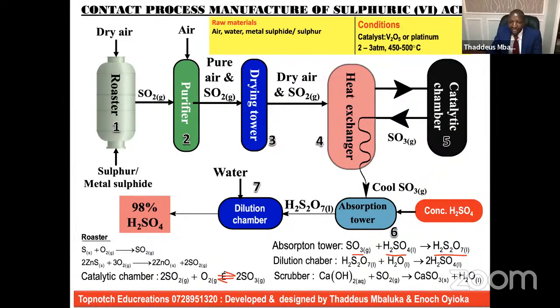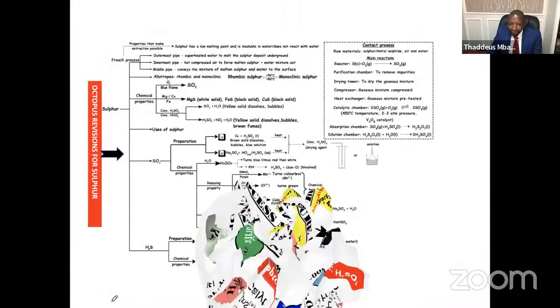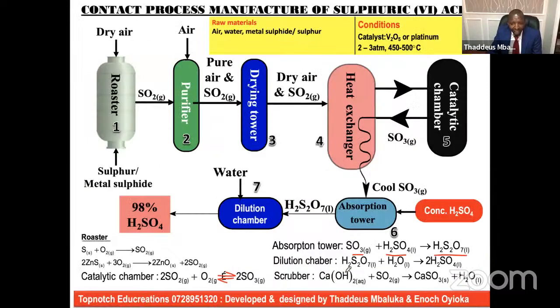Then once you get the oleum, I want you to capture that word. The oleum is carefully diluted with water to form concentrated sulfuric acid. Very important for you to be able to understand.